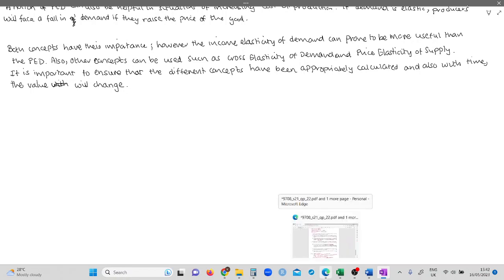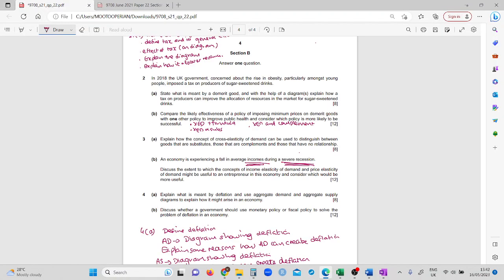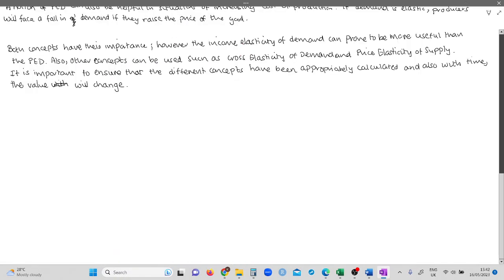Now, let's reread the question to see if we can add something. The concept which will be more useful. As an entrepreneur, you cannot just focus on elasticities. You should also be in line with the strategies that competitors are using.